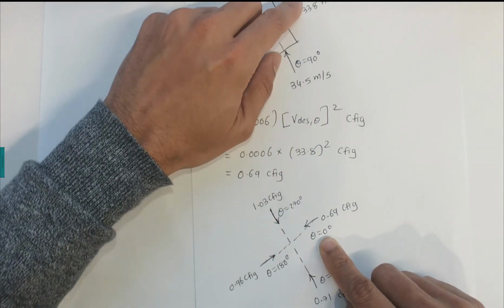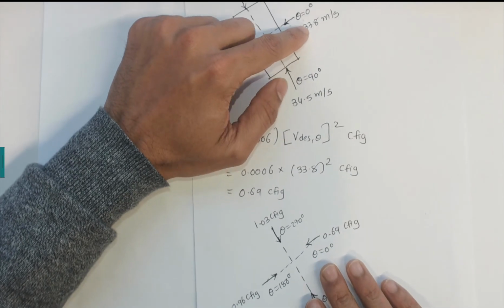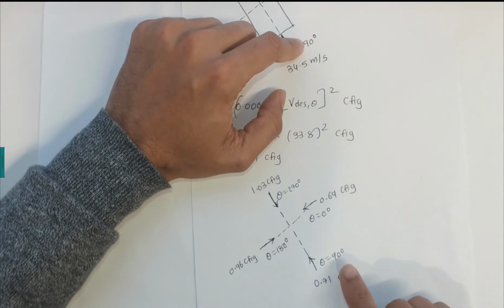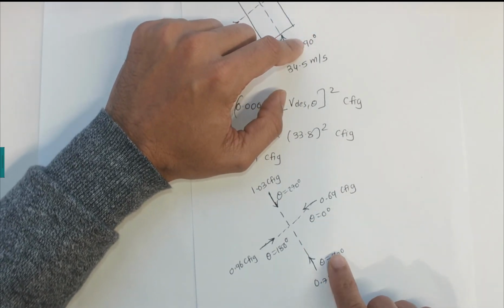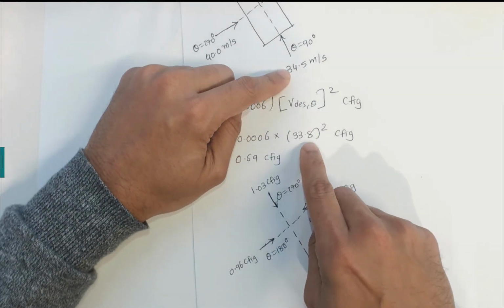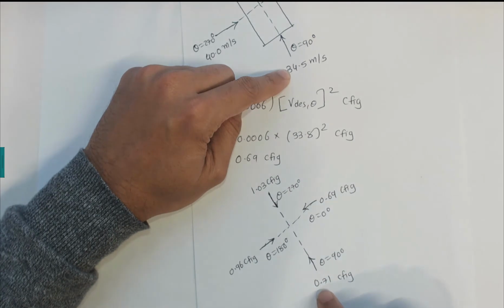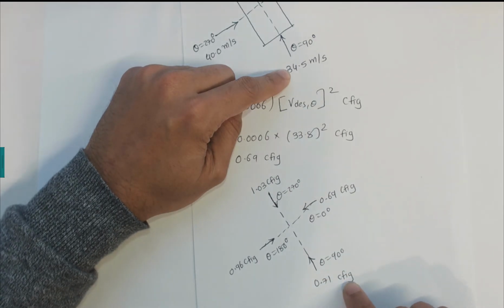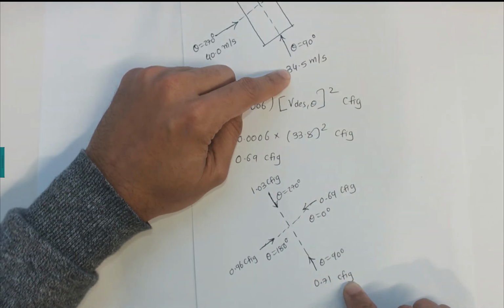For the second case, 90 degrees, we have 34.5. If I substitute 34.5 squared in this equation, I obtain 0.71 times the aerodynamic shape factor.